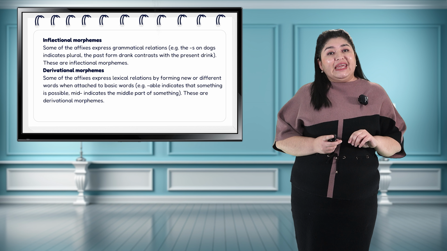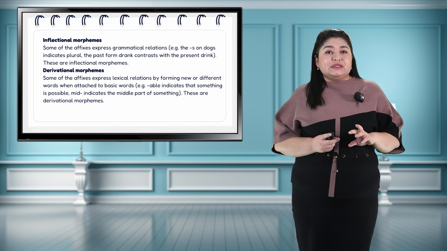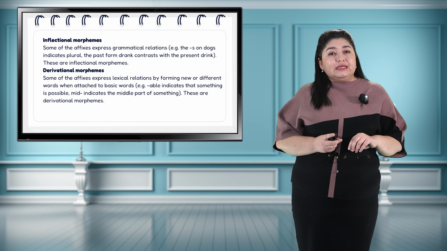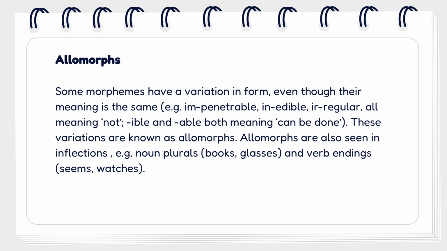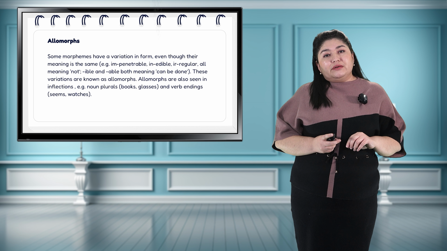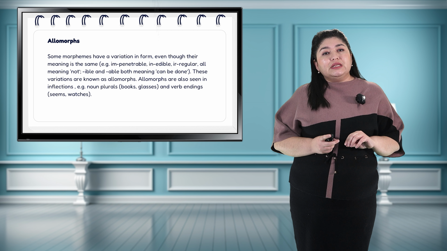For example, able indicates that something is possible. Mid indicates the middle of something. These are derivational morphemes. Allomorphs. Some morphemes have a variation in form even though they are the same morpheme. For example, impenetrable, inedible, or irregular, all meaning not able, and able meaning can be done.